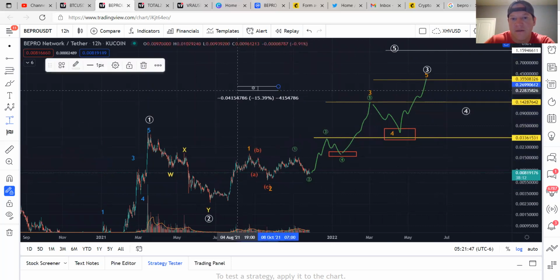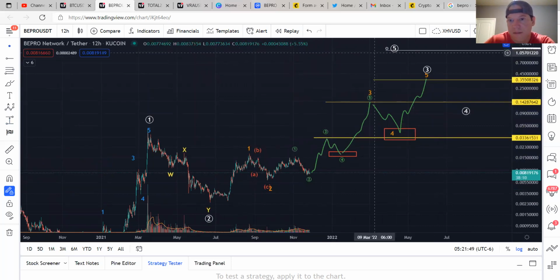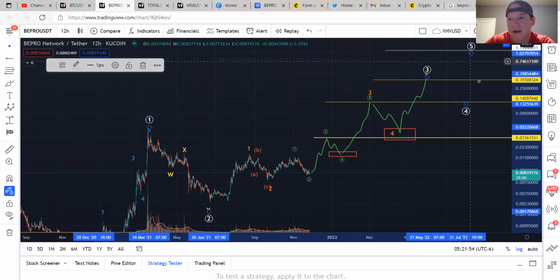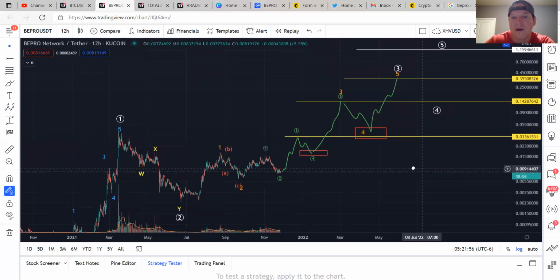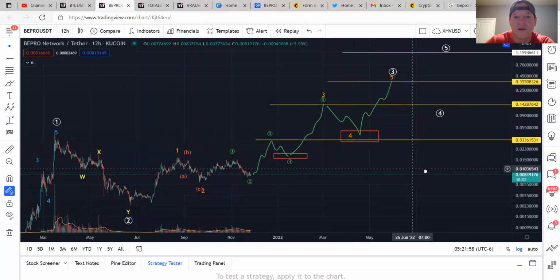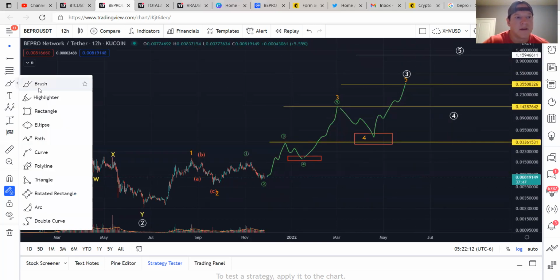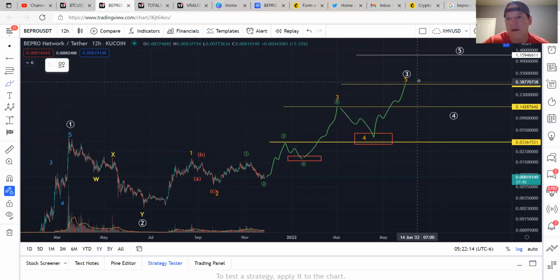And then your 5 can do several things at this point, depending on where the market is, if it's still bullish, if Bitcoin is done with its cycle. At this point, if I was in this trade, I would not look to ride this up to a 5th wave, because more than likely, I would imagine you'll have a truncated 5th.